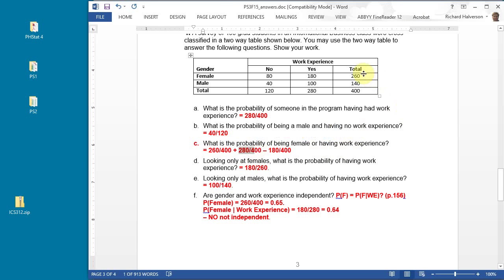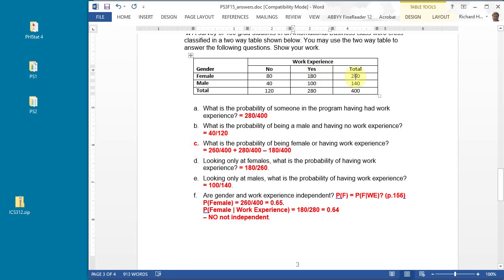But in figuring out female, we added in this 180. And when we figured out the total work experience, 280 out of 400, the 180 was also added in.